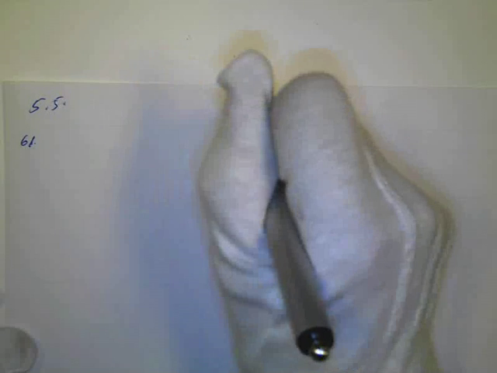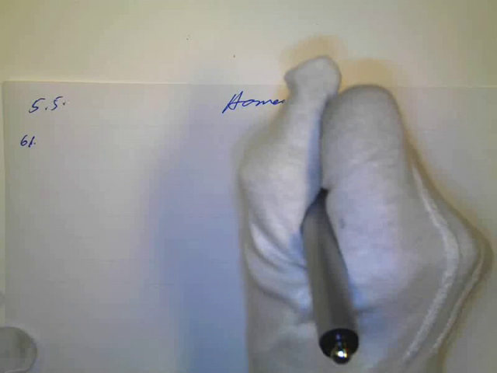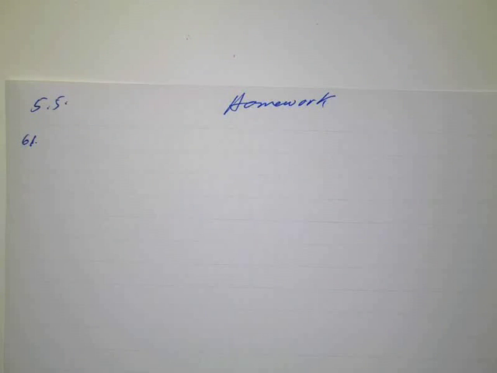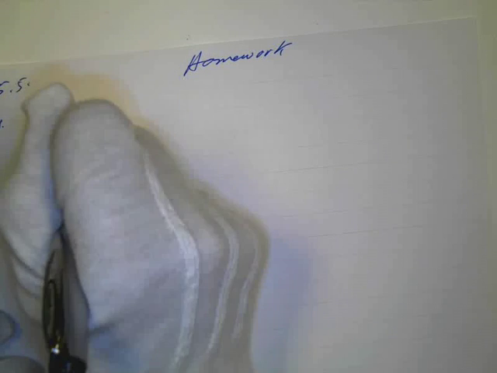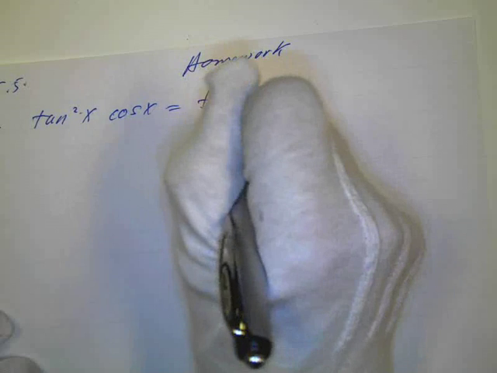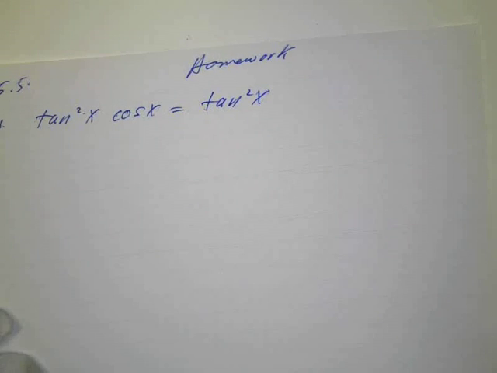All right, so here's 61. Tangent squared x times cosine of x equals the tangent squared of x.